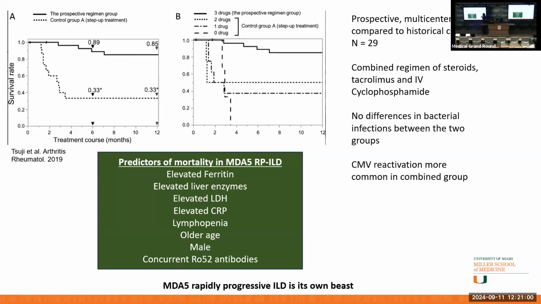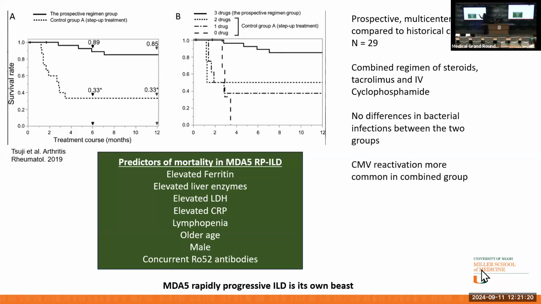And I put these predictors of mortality, so elevated ferritin, elevated LFTs, elevated LDH, CRP, lymphopenia, older age, concurrent Ro52 antibodies, and being male, all make it more likely that somebody is gonna die from this disease. We'll kind of get into that.